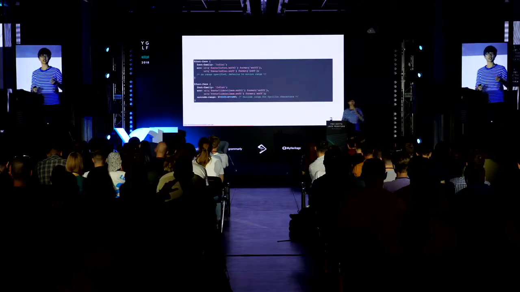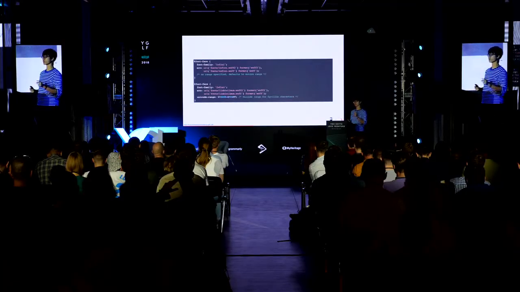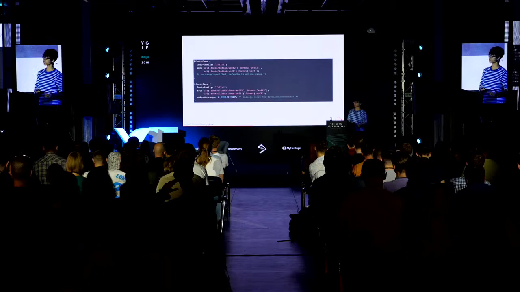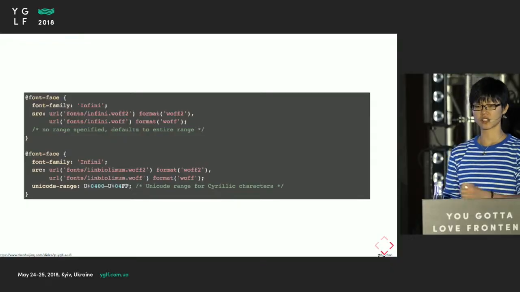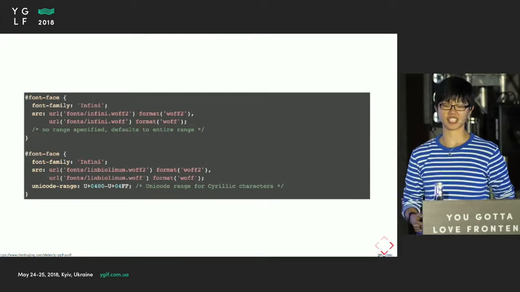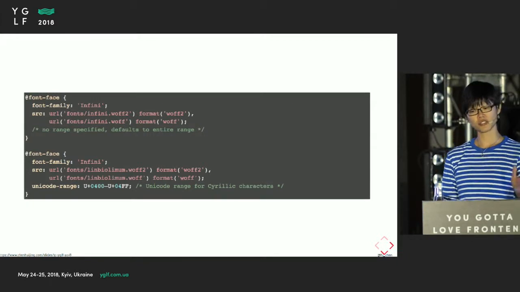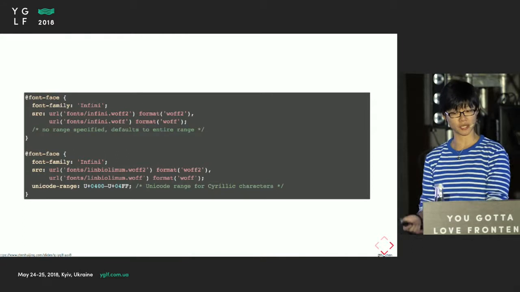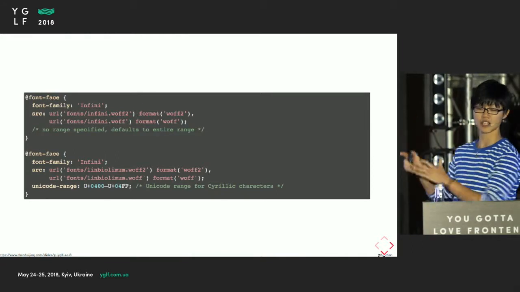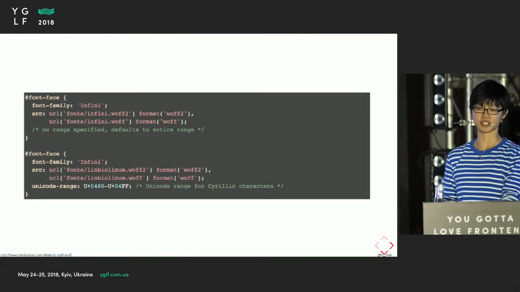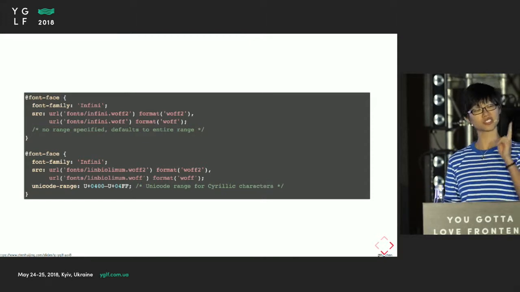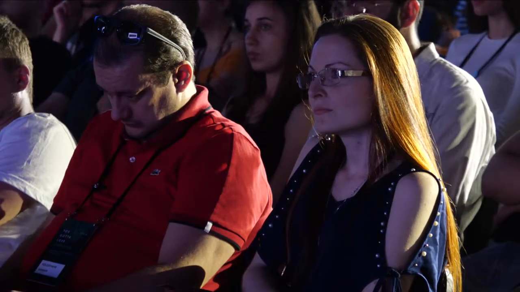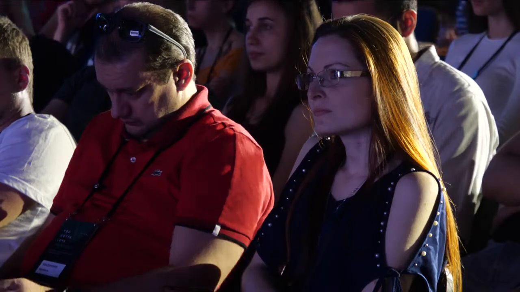So I use the unicode-range descriptor to tell my browser to load another font that does have Cyrillic letters, called Linux Biolinum, and use it whenever it encounters any Cyrillic characters. For font-face, font-family is simply a label. So what I've done is create a composite font called Infini, but in actuality it loads two different font files depending on what characters need to be displayed.